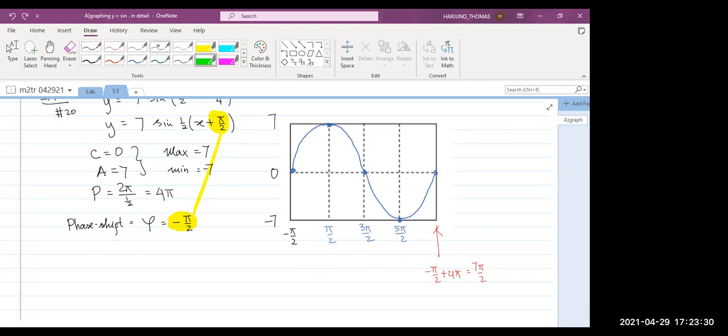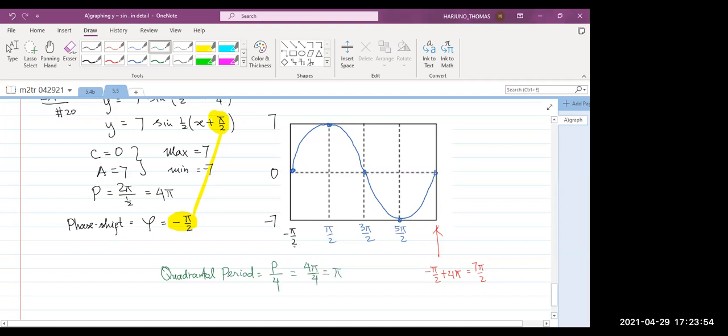The second technique, we do quadrantal period. Quadrantal period is equal to the period divided by 4. In this case, 4 pi divided by 4 equals pi.